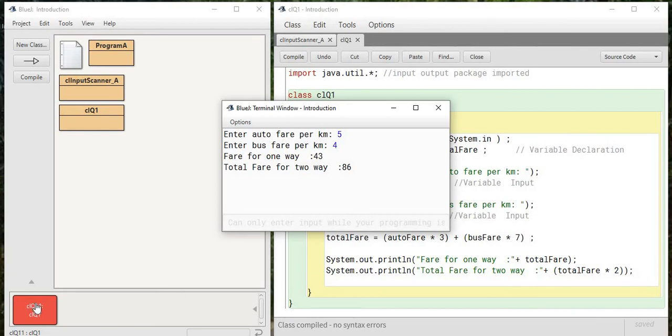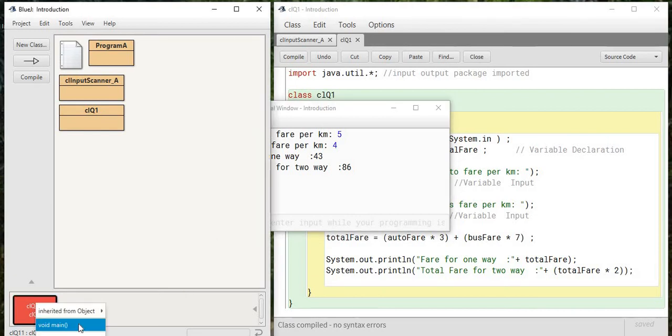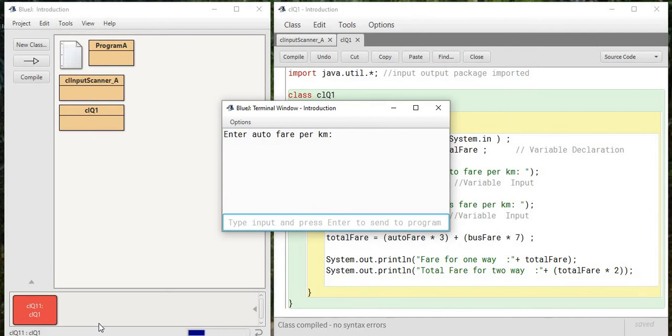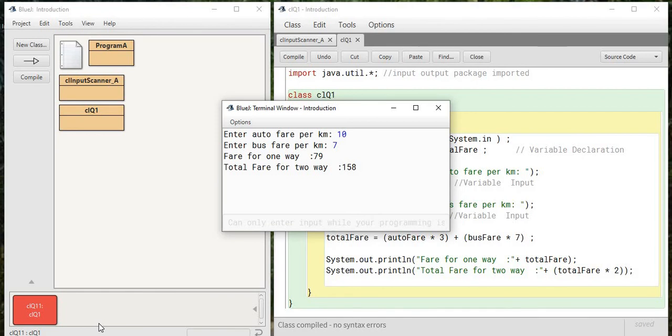After a few days, maybe 1 year, suppose the auto fare increased and auto fare per kilometer became, no, I'll increase it, suppose it became 10 and the bus fare per kilometer became 7. Then the fare for two-way would become something higher, right?